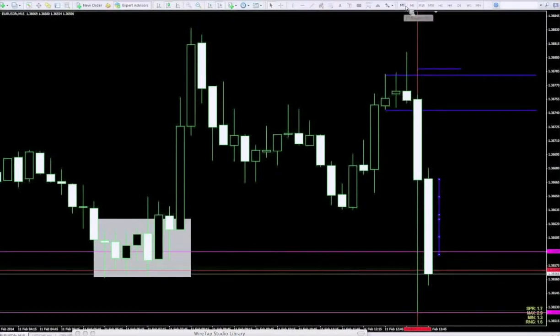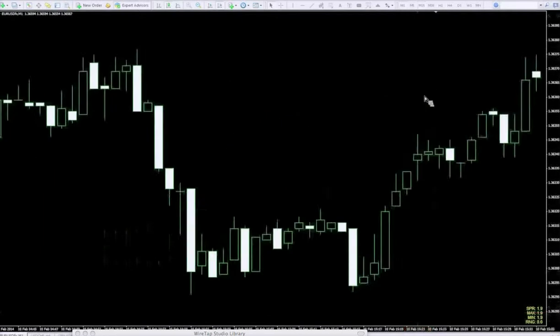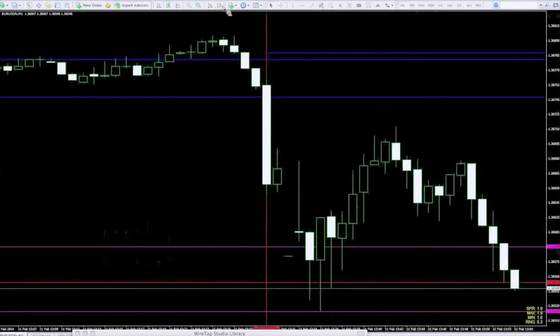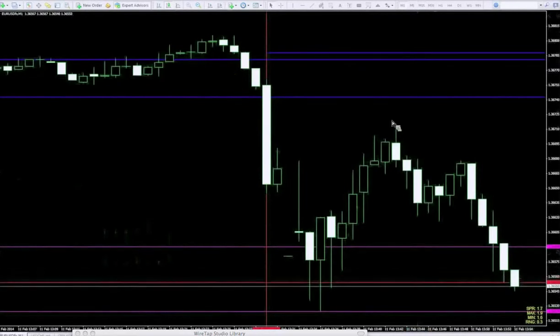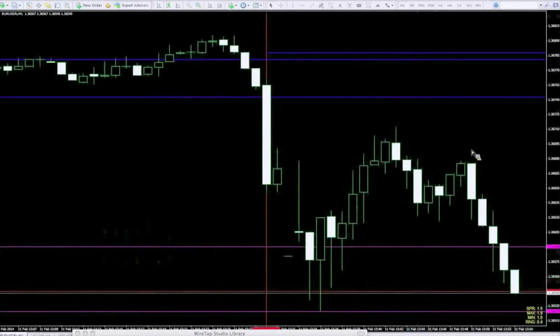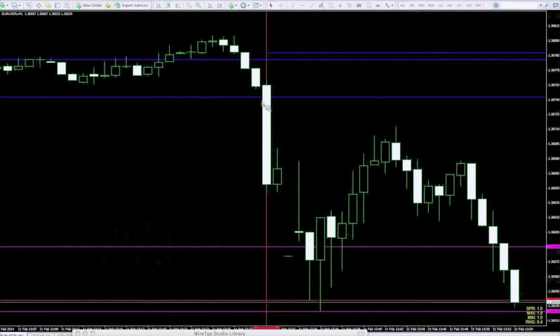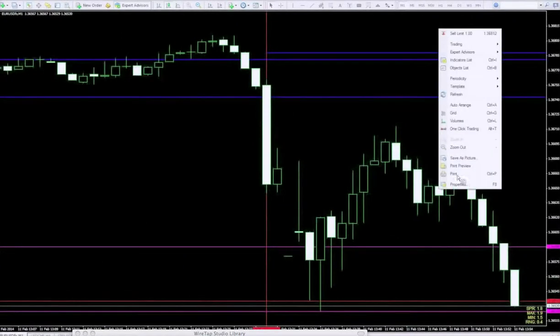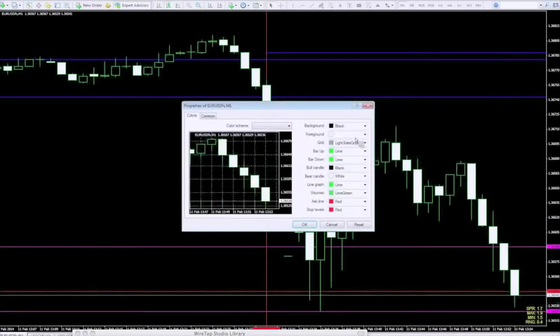So let's go down to a 1-minute chart, and I want to look for that crosshair. Okay, now everything's moving here. So this is our crosshair right here. Does everybody see that? I need to change this, make this on the foreground.